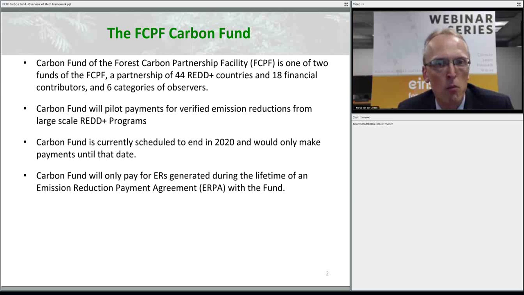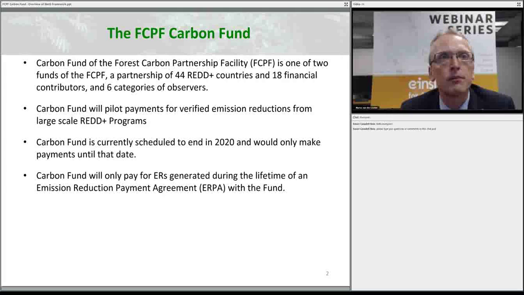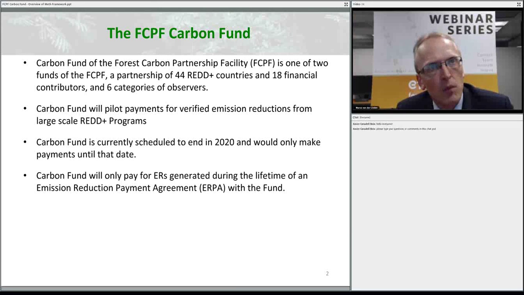So the idea is really to pilot something. At the moment, the Carbon Fund is scheduled to end in 2020, so we're piloting this program between now and that end date. What the Carbon Fund will do is pay for those emission reductions during the lifetime of the contract, so that means between whenever a contract is signed and 2020. And we'll get back to some of these dates later on as well.